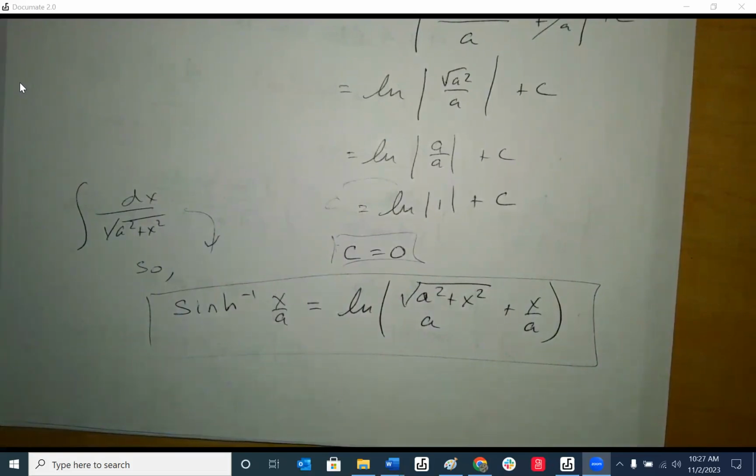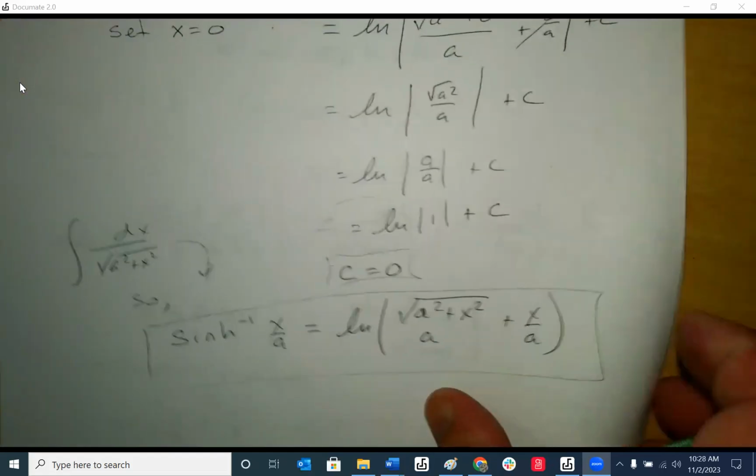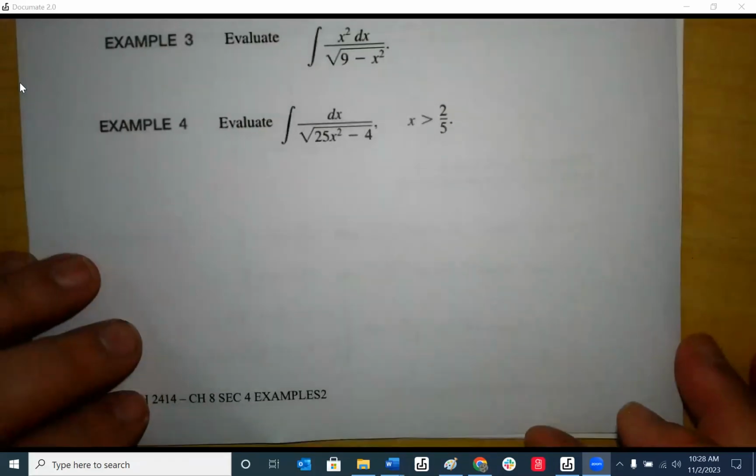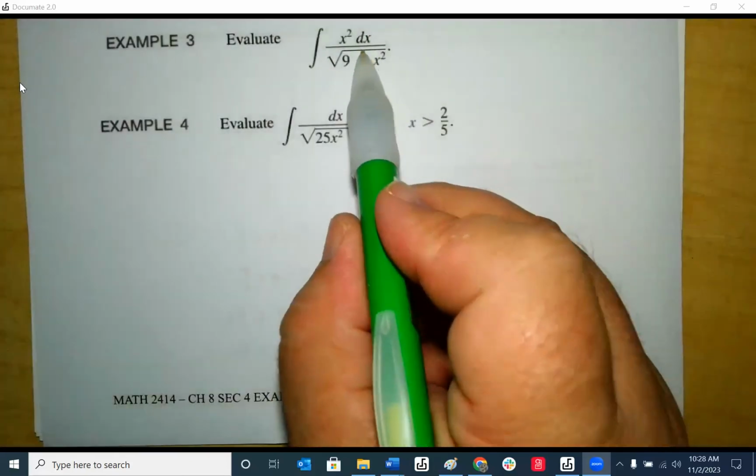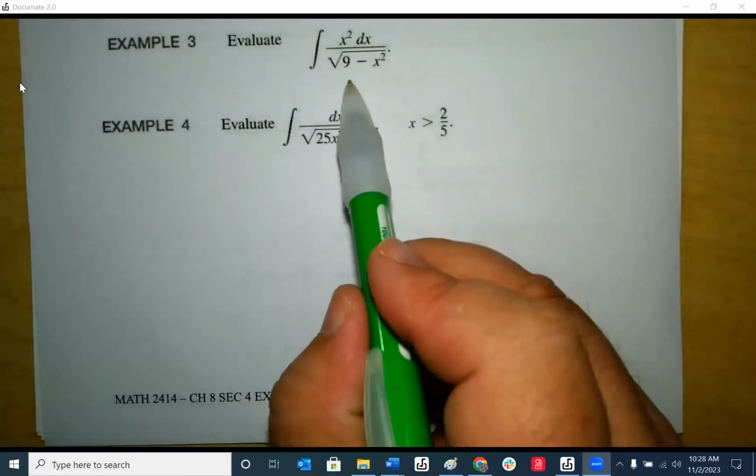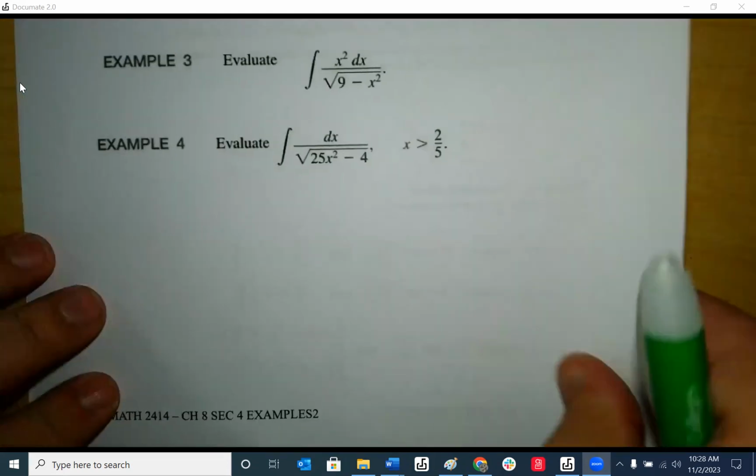Where's my examples? Oh, there it is. Okay. Let us now look at example 3. x squared dx over the square root of 9 minus x squared.